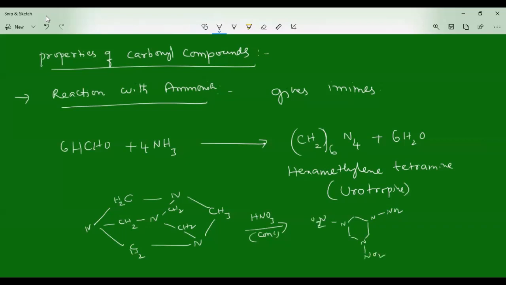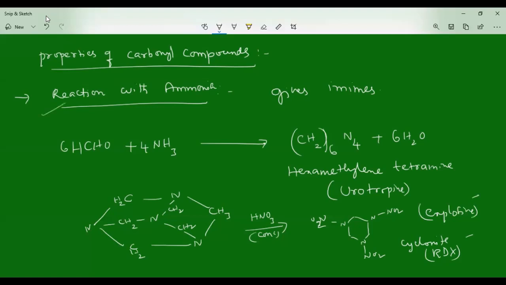So cyclonite, we will call it RDX, research development explosive or royal demolition explosive. This is an explosive. So we started with the reaction of ammonia.